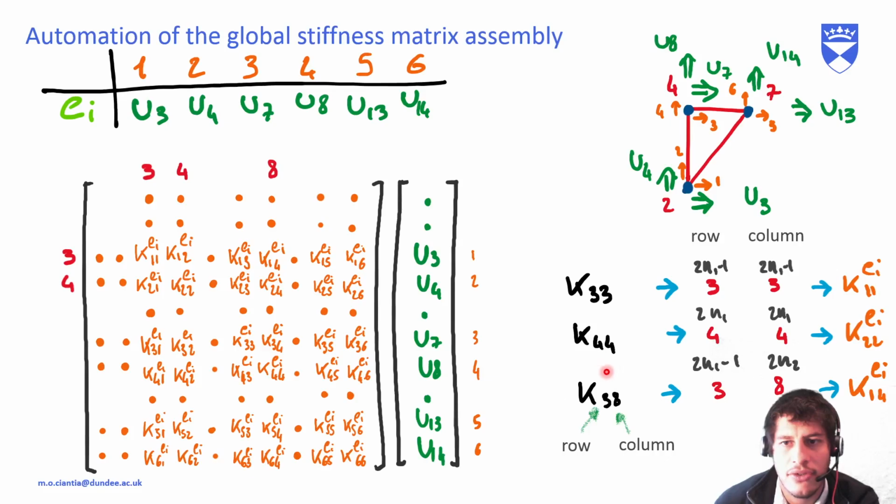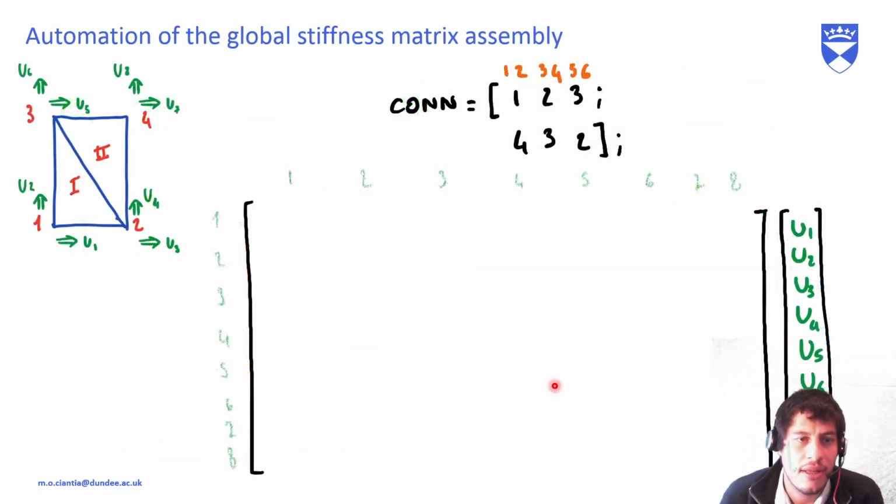And let's try to remember that this is just one element. In our example, we had 2 elements, for example. So we have to go through the connectivity array or vector. In this case, the number of rows is going to be the number of elements, and the number of columns is going to be 3 because we are 3 noded finite elements.